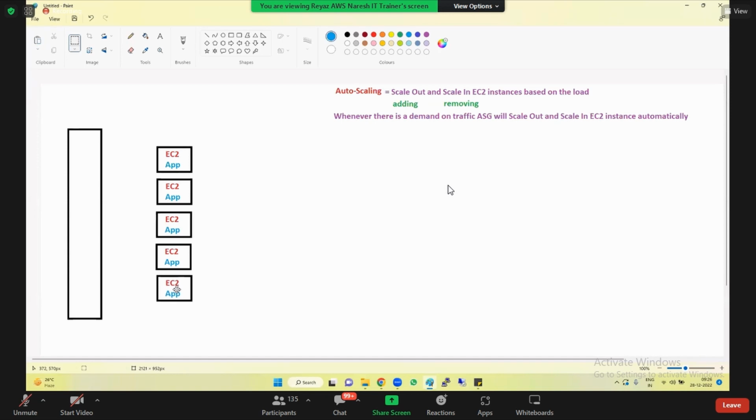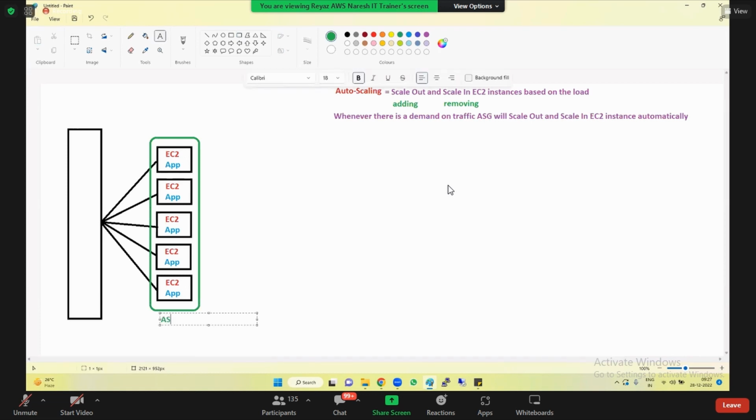We have these EC2 instances and the load balancer is sending the traffic to them. Okay. And all these things should be inside this auto scaling group, correct?